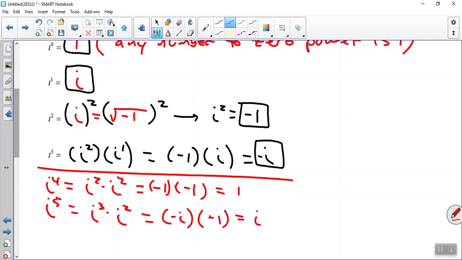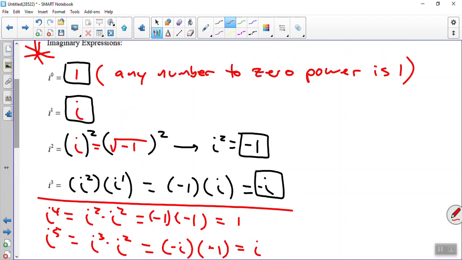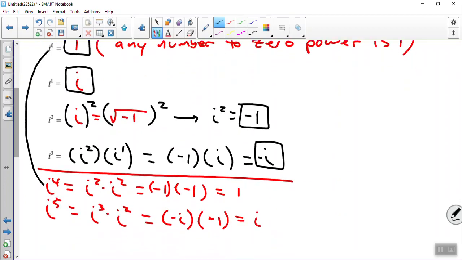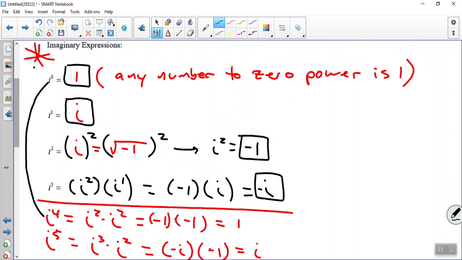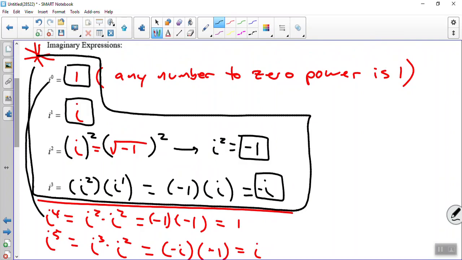So what I'm hoping you guys see is that the pattern is starting over. i to the fourth is the same as i to the 0. i to the fifth is the same as i to the first. So what you see is that you've got a cycle here of 4 values that are going to keep repeating.